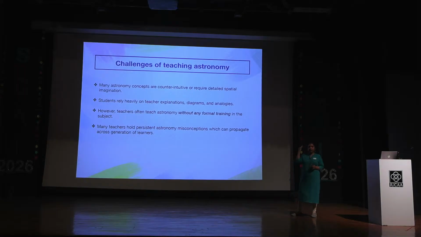For example, understanding the tides or phases of the moon. Most students rely pretty heavily on teachers, how they will explain it, if they would provide some diagram and if they would give some hands-on tools. However, the problem is that teachers in India often do not have any astronomy training at all. That's because astronomy is not taught in degree colleges or universities.